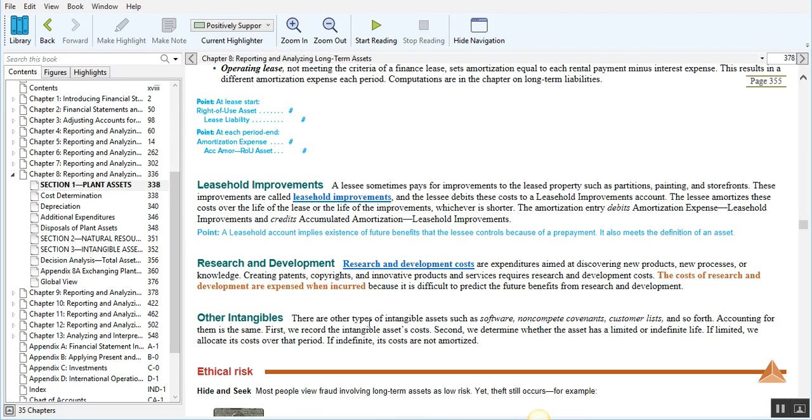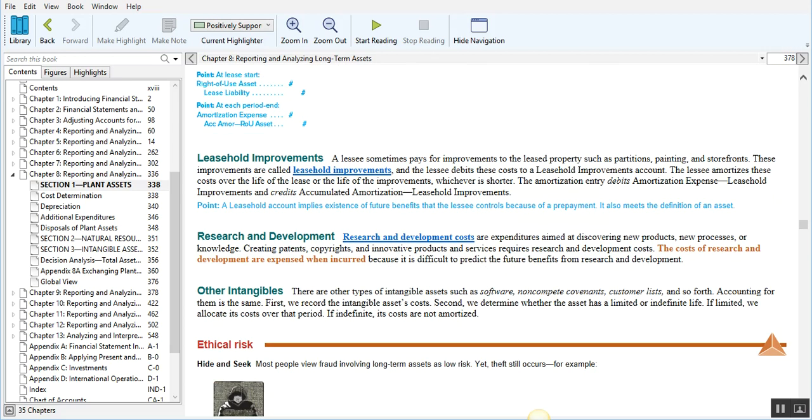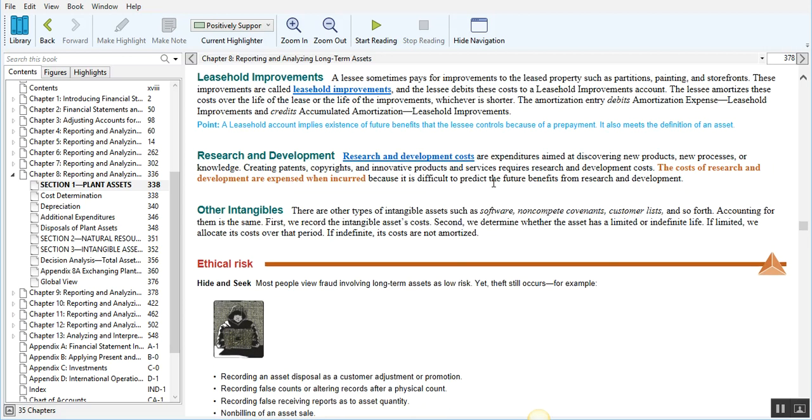For example, if you were a store like Meijer and you moved into a large building that did not have a lot of the structure that you needed in order to carry on business, you would put in equipment in the store that would very likely be considered leasehold improvements, and those would be depreciated just like anything else. By the way, the leasehold improvements are depreciated for the life of the lease, however long that is.